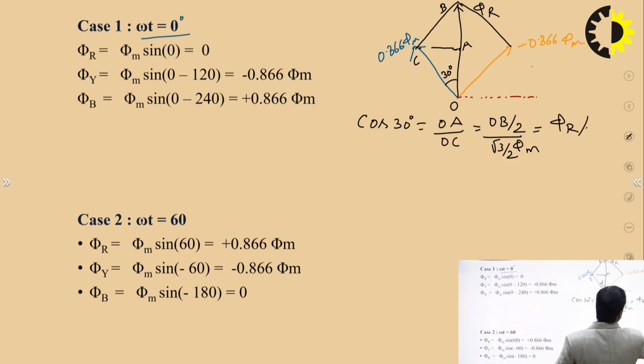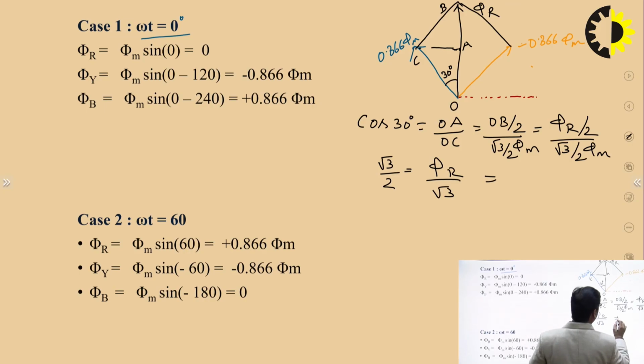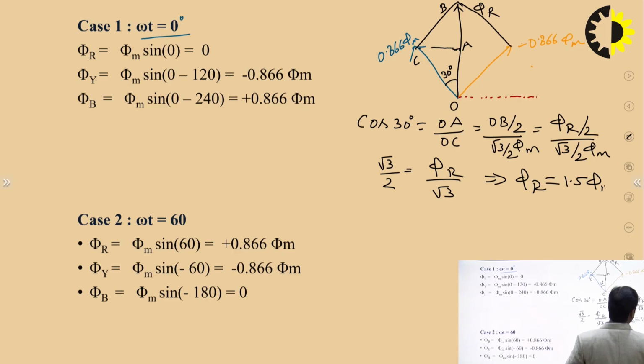So cos 30, which is root 3 by 2, equals phi r by 2 upon root 3 by 2 phi m. Root 3 into root 3 is 3, so 3 by 2. So the resultant flux will be equal to 1.5 times phi m.